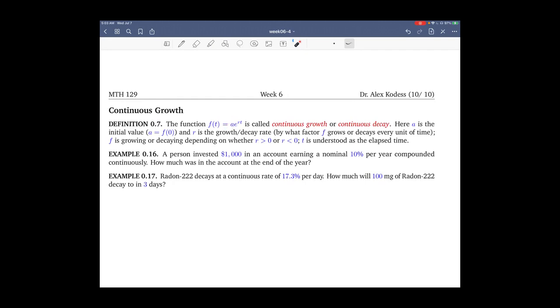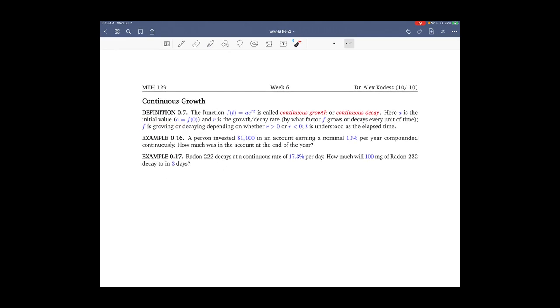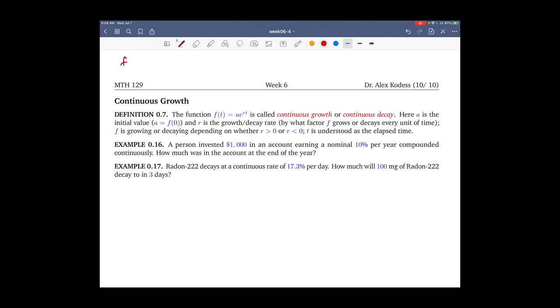Here a is the initial value, the value of our function at 0, right? f at 0 being a e to the power r times 0 is simply a e to the power 0. e to the power 0 is 1, so we get a, the initial value, initial amount. r is the growth rate, the factor by which f grows or decays every unit of time.